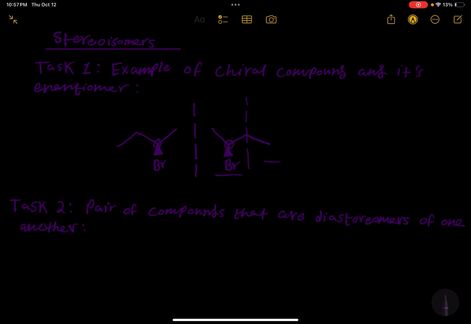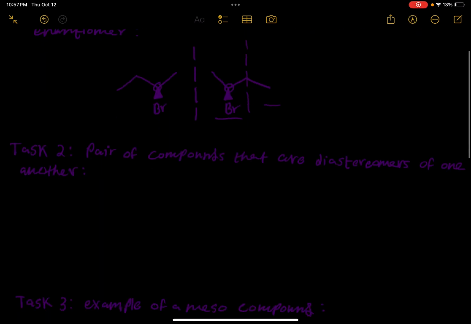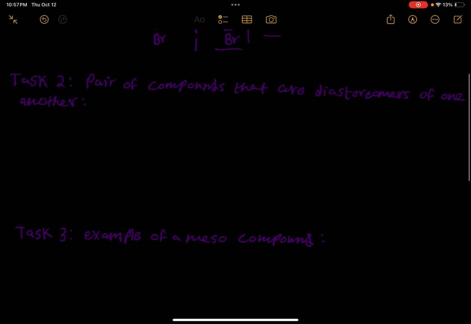For the second task, we're gonna be drawing 2 diastereomers. And we are gonna start by drawing an example and then explain.